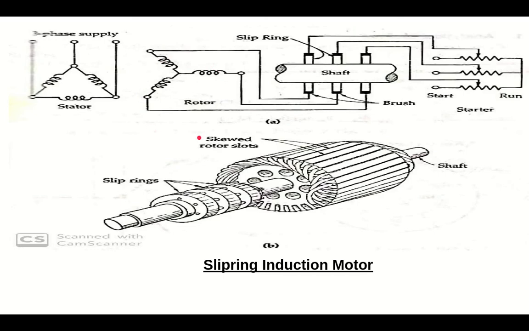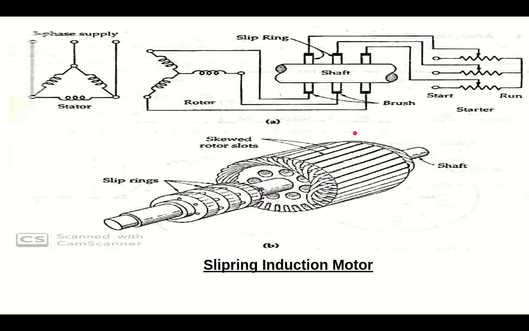The open ends of the star circuit are brought outside the rotor and connected to insulated slip rings. The slip rings are mounted on the shaft with brushes rotating on them. The brushes are connected to three variable resistors.